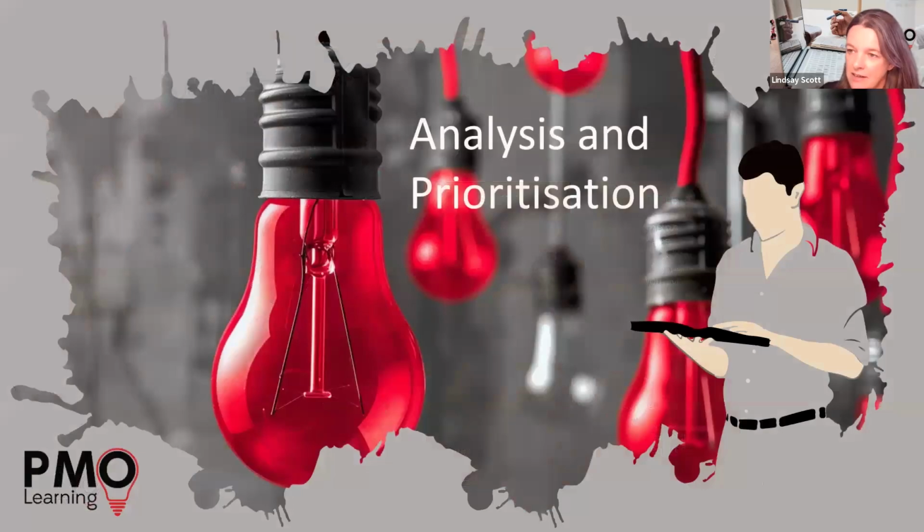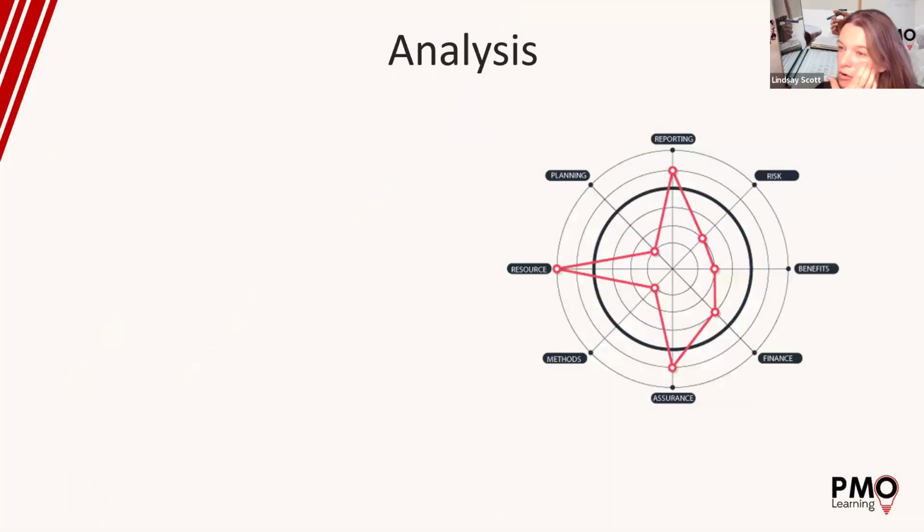The analysis and prioritization part of the steps is, let me just show you what House of PMO has allowed some organizations to do. House of PMO is a professional membership organization for people that work in PMO. And one of the things it gives people an opportunity to do is a team assessment.